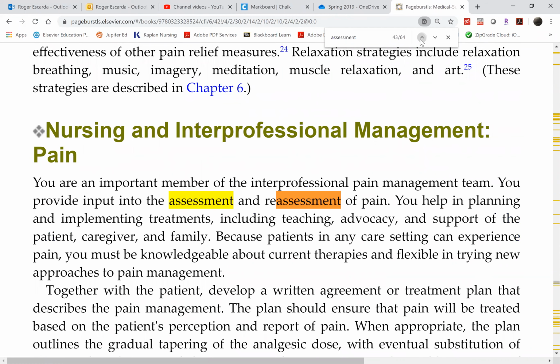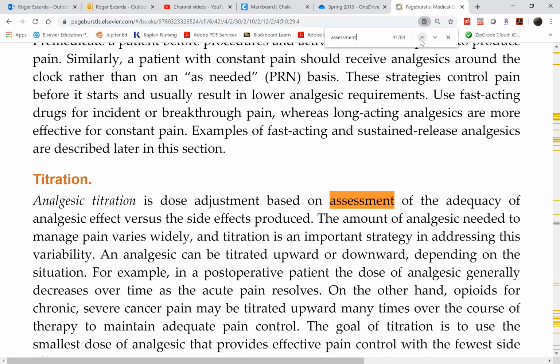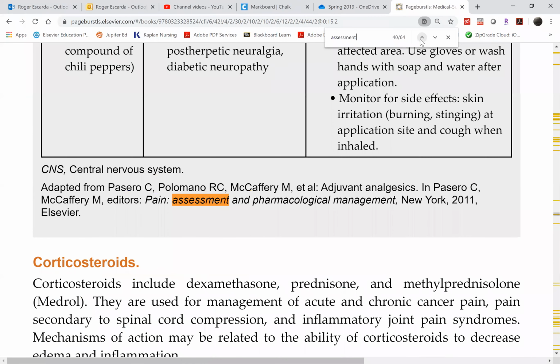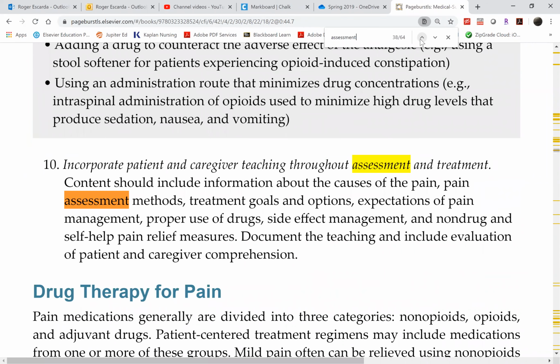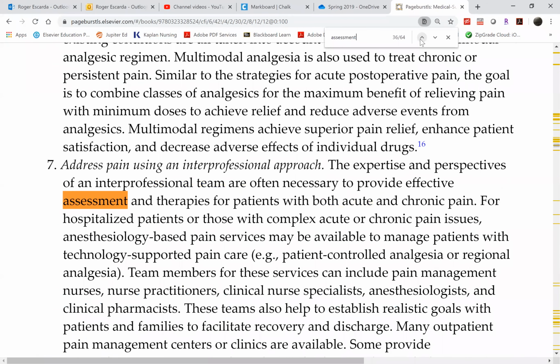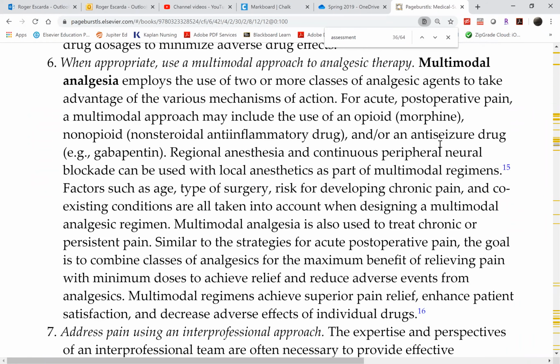Because especially in the case of chronic pain, let's say your patient has chronic cancer pain, do we still expect vital signs to change in chronic pain? Because the body adapts to the pain.